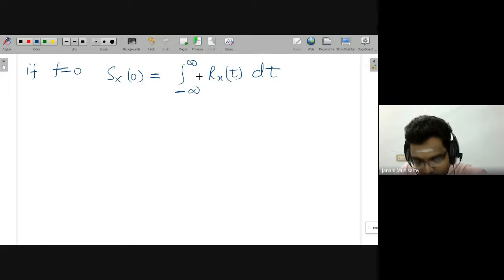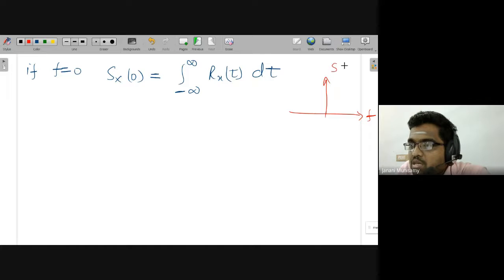When we put Sx of 0, the integration of the autocorrelation function d tau comes. Frequency is 0. When frequency is 0, that will give the DC component, that will give the effect of the DC. Okay, how much DC power is there? How much power is concentrated on f is equal to 0? This will directly give, see in the diagram, I am putting, say this is f, this is S of f.